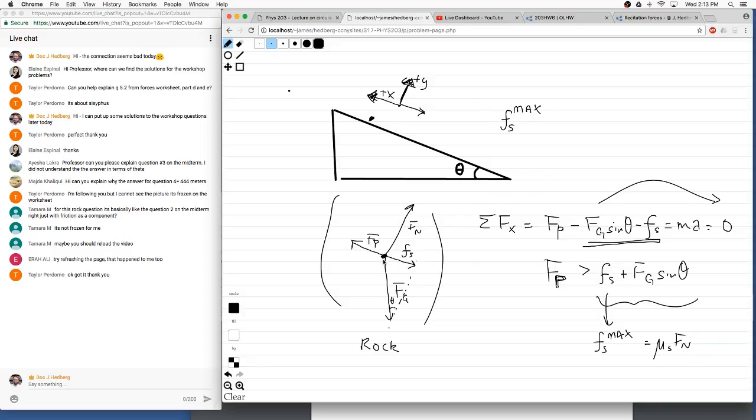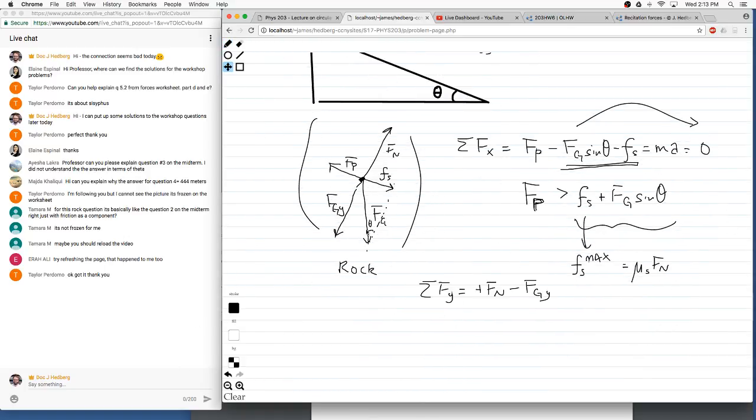And we could figure out the normal force, again, by looking at the free body diagram and seeing all the forces acting in the y direction. Sum of forces in the y is going to be Fn minus Fgy.